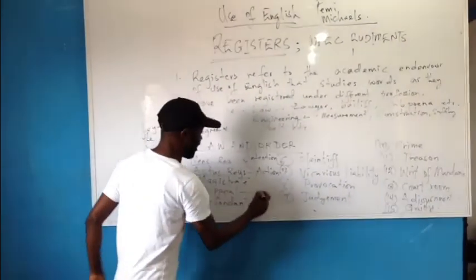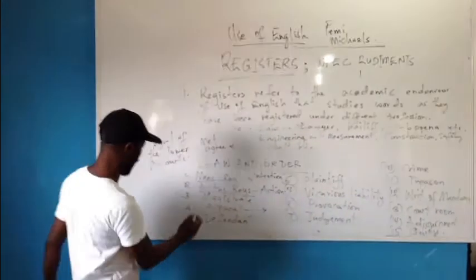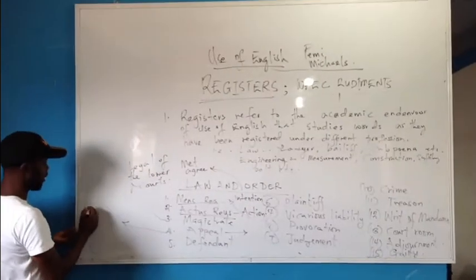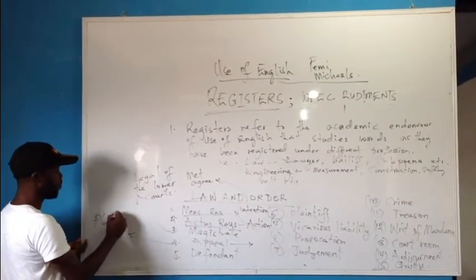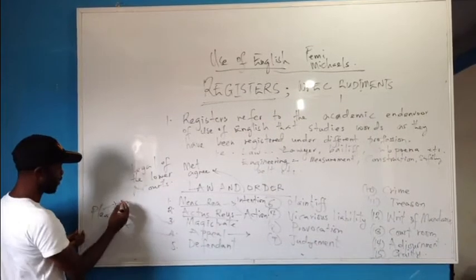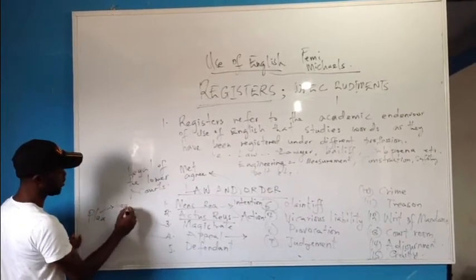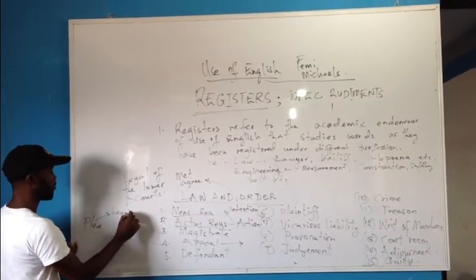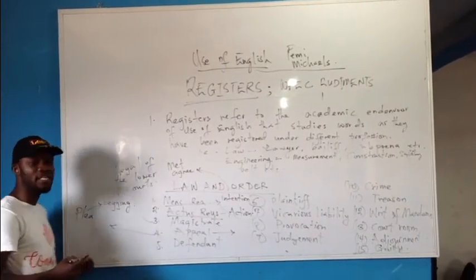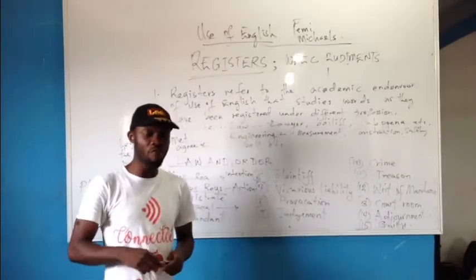The next thing is the appeal. Appeal is a plea. The meaning of plea, in layman's terms, is to beg, to plead. A plea against a particular judgment from a court.